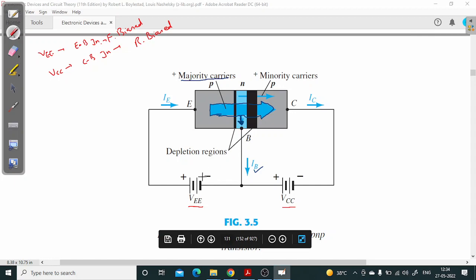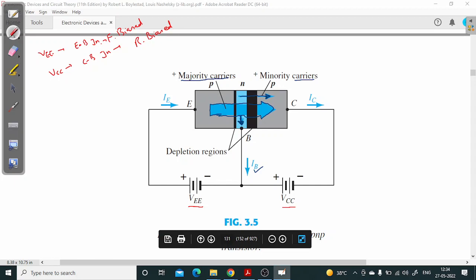This was arising because of this VEE biasing. Now VCC is also here, which is making this collector-base junction reverse biased, and we already saw that when it is in reverse bias mode, the minority carriers will come into picture, and because of this the current will flow in this direction.